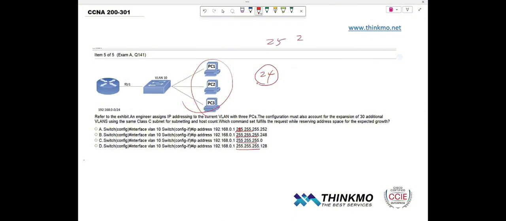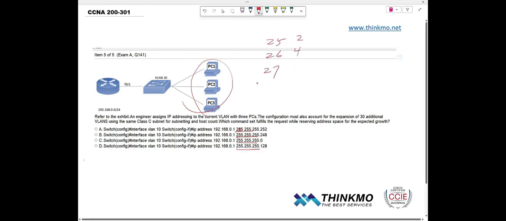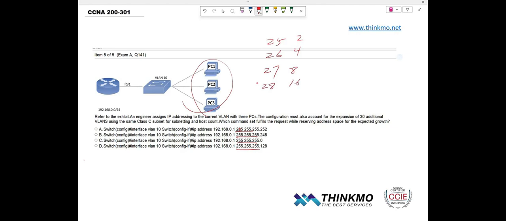With 25 bits, there are 2 subnets. With 26 bits, there are 4 subnets. With 27 bits, there are 8 subnets. And with 28 bits, there are 16 subnets.